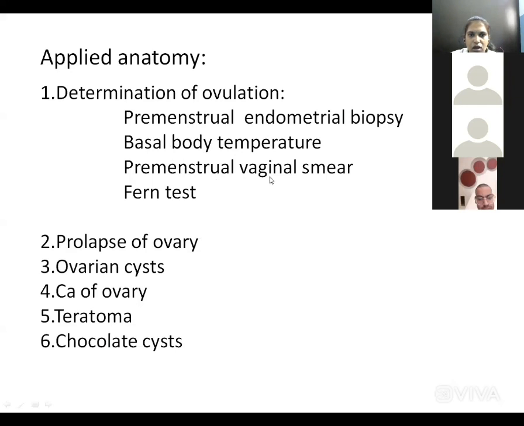Now premenstrual vaginal smear, in which before menstruation a vaginal smear is taken where the basophilic cells are large in number. And lastly, Fern test. Fern test is the cervical mucus test, where on drying this mucus, it gives a structure like a tree that is called fern test, and it happens because of estrogen.